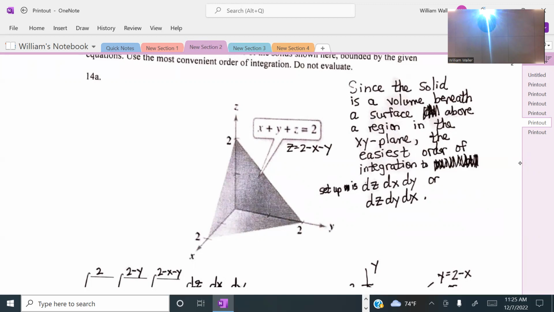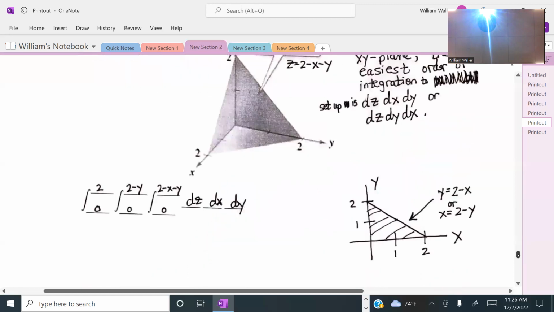So look at the solutions there and see how I set that up. Yeah, I drew a picture of it.